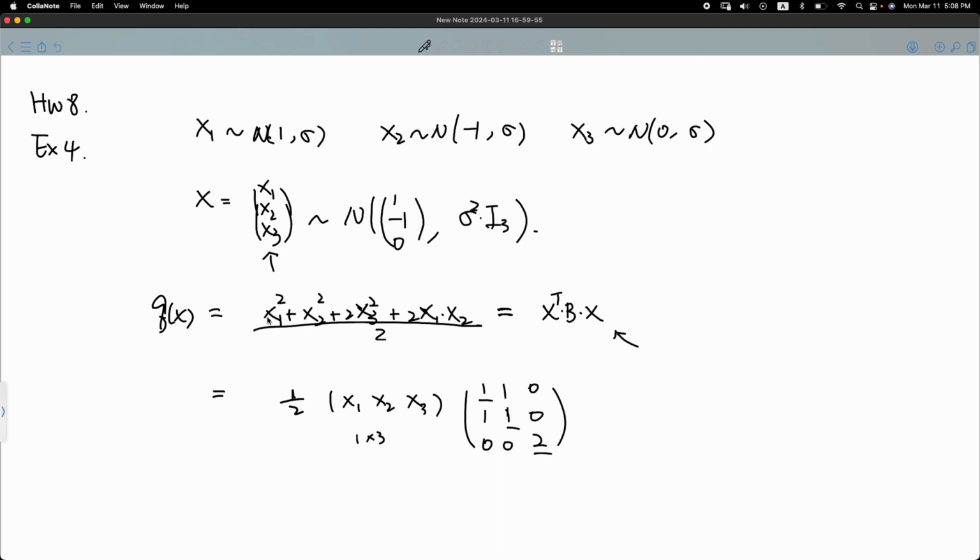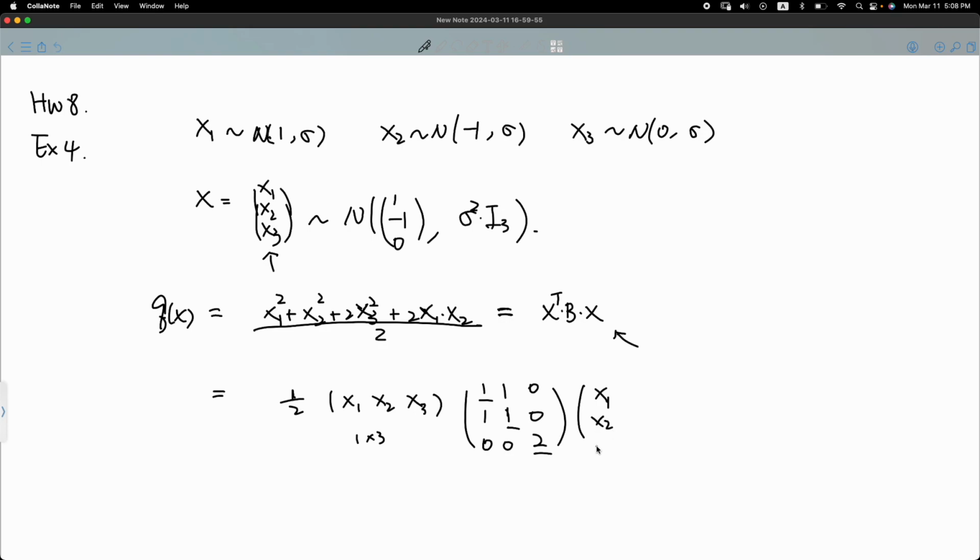So you have 1 copy of x1 squared, 1 copy of x2 squared, and 2 copies of x3 squared, and then also interactions for x1 and x2. So the entries for 1,2 and 2,1 are also 1. And when you sum them together, you have 2 copies of interactions.